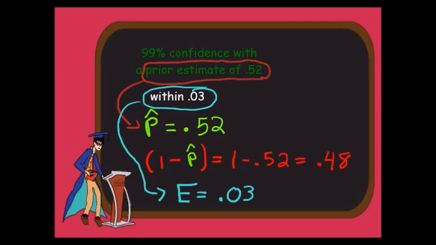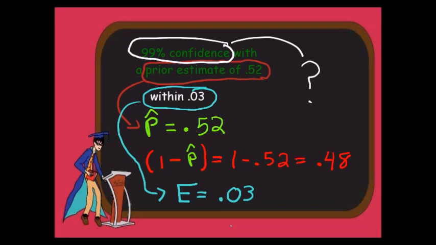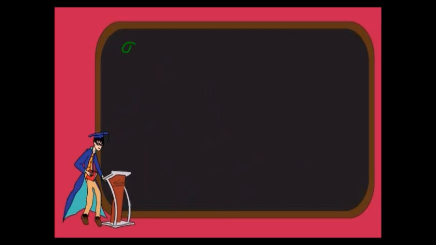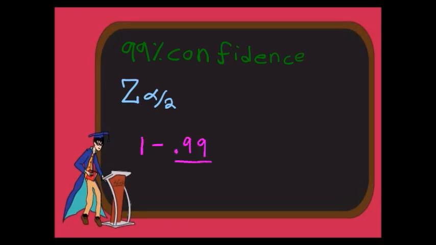And more importantly, this 99% confidence, what are we going to do with that? Well, that 99% confidence gives us our critical value. For those of you who know about finding critical values, when you're given a level of confidence, you should think immediately that we need to take that level of confidence, subtract it from 1, and cut it in half for that alpha over 2.